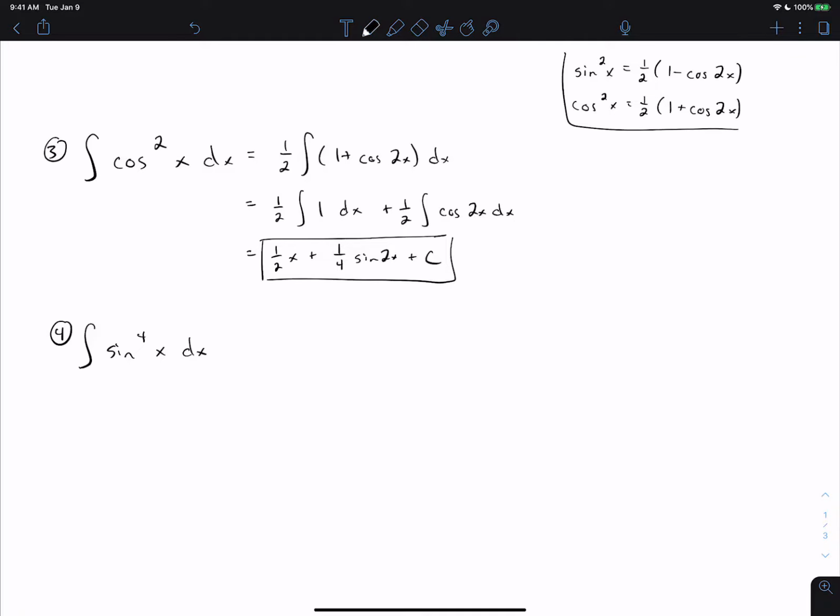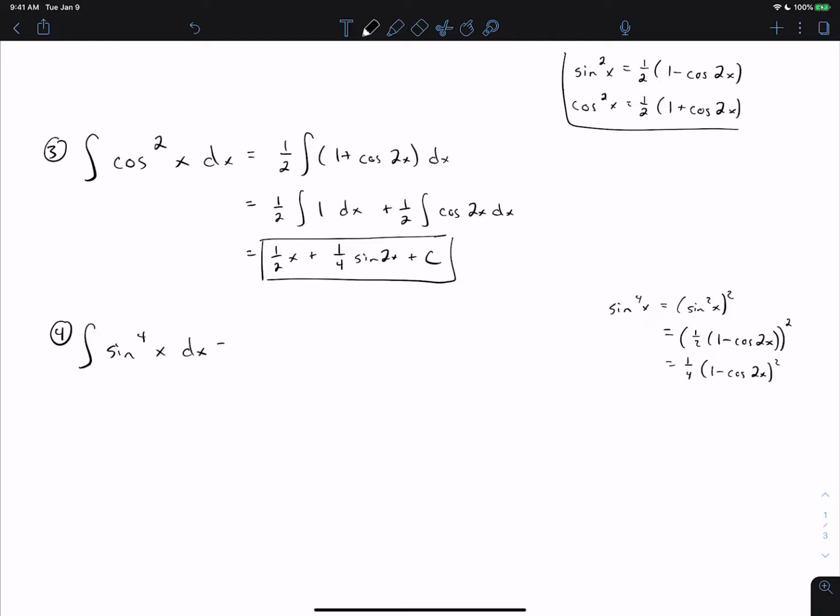Sine to the 4th of x we think of as being sine squared squared. And so then the entire identity on the right-hand side gets squared. So we get 1/2 times 1 minus cosine of 2x, all squared. That gets us 1/4 times 1 minus cosine of 2x squared.